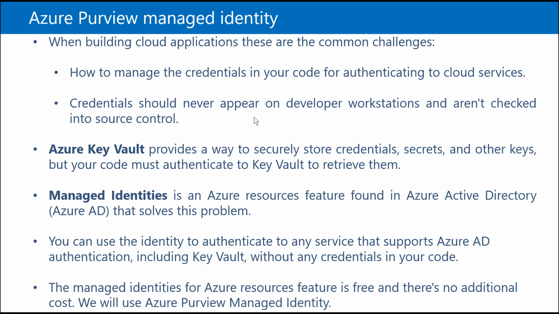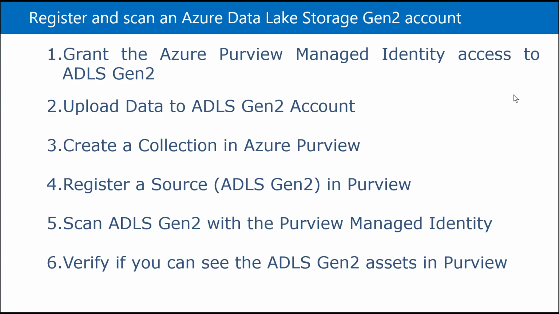Okay, so we are now going to understand the steps involved in registering and scanning an ADLS Gen2 account in Microsoft Purview. First, we will have to grant the managed identity of Azure Purview access to the ADLS Gen2. Then we will upload data into the ADLS Gen2 account so that we can scan that data in the later steps.